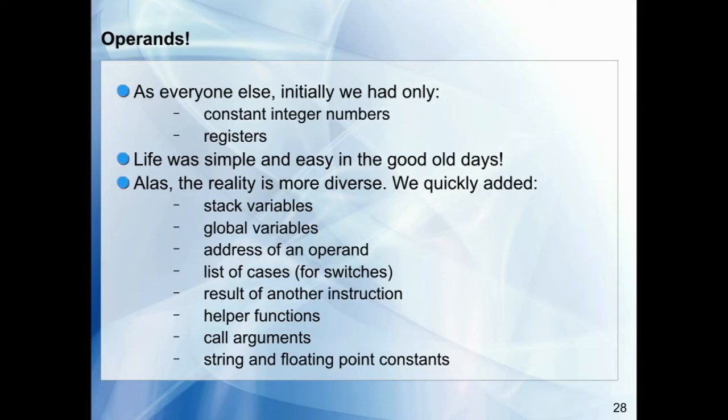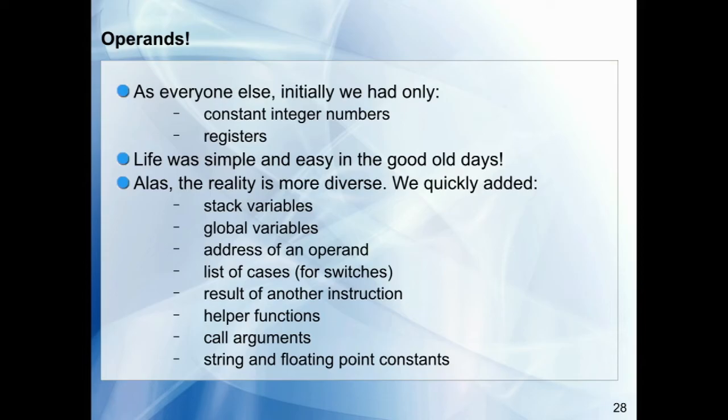Well, as everyone else, initially we had only two things, numbers and registers. It was very simple, because we take a register, we put a value into a register, we know that it won't go away, it won't disappear, it won't be changed by someone else. In other words, only direct accesses are possible, indirect accesses to registers are not possible. And therefore it was very simple to analyze things.